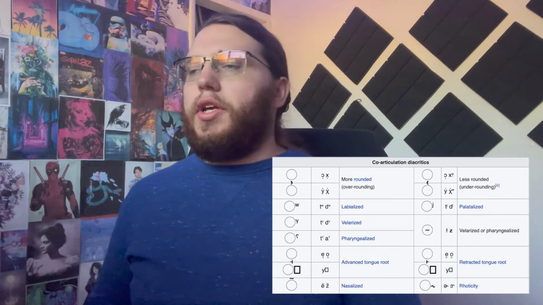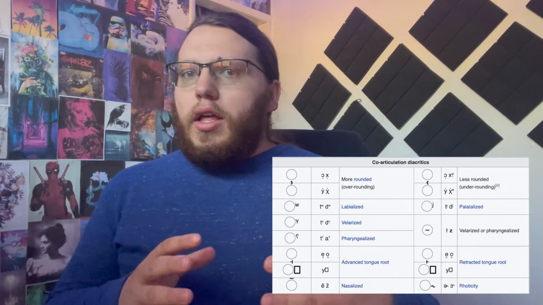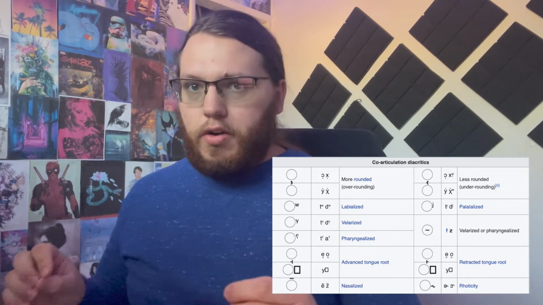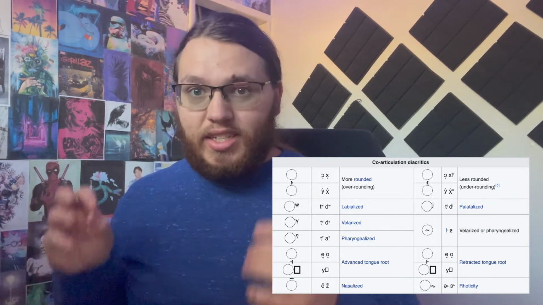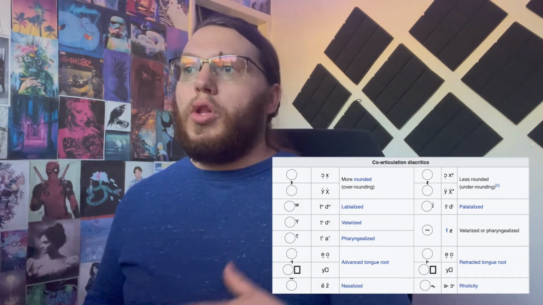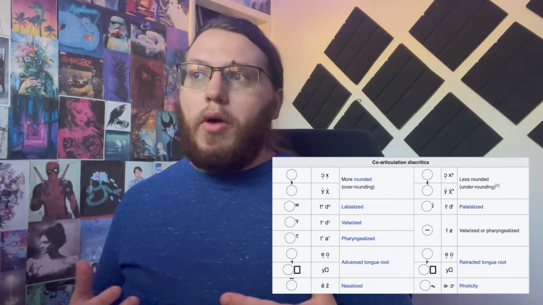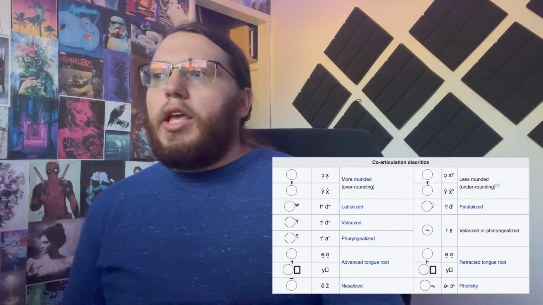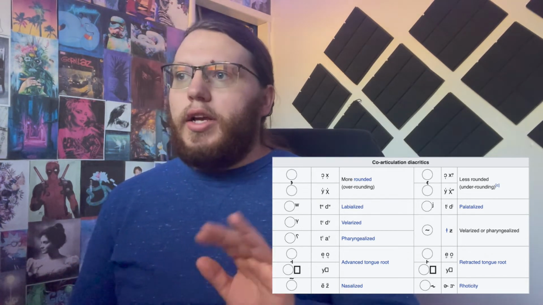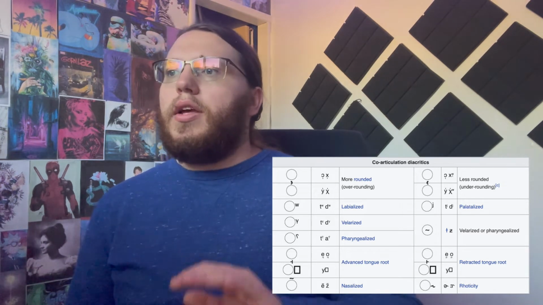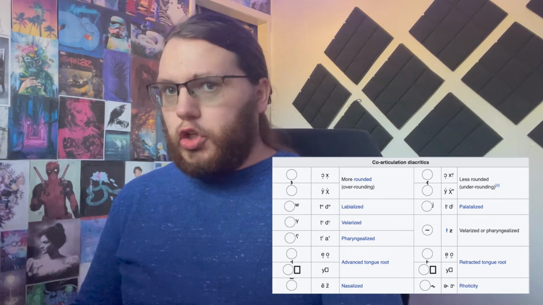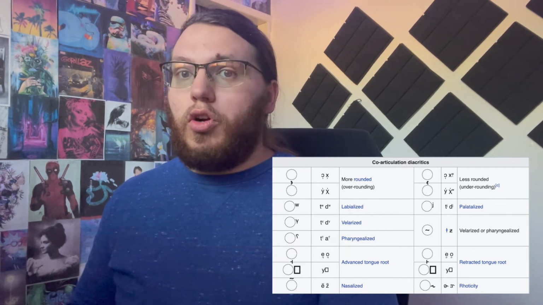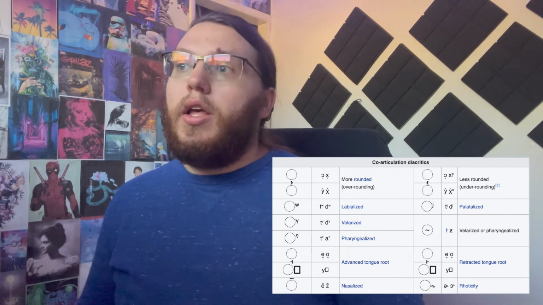Then we have co-articulation diacritics. These are, like we've described with co-articulation, diacritics that are produced at the same time. More or less rounding. Your lips are already round. It's just the extent to how much they're getting rounded. Labialized, palatalized, velarized, pharyngealized. All of these are two places of articulation being involved in a situation where usually only one is.